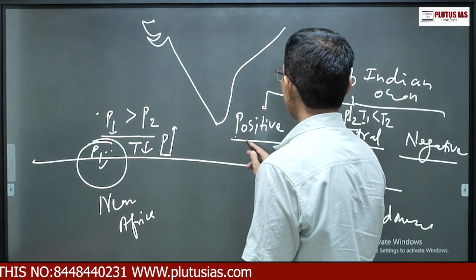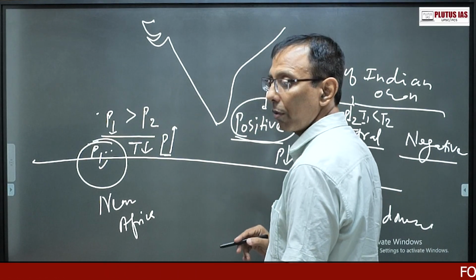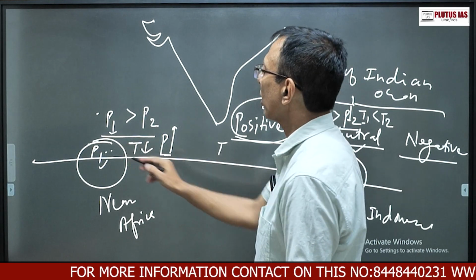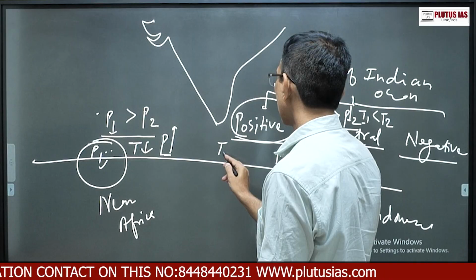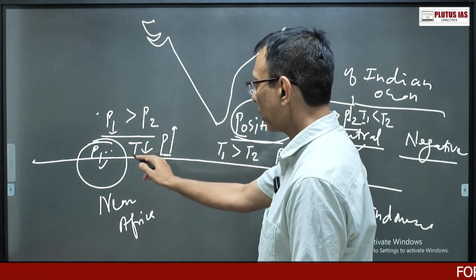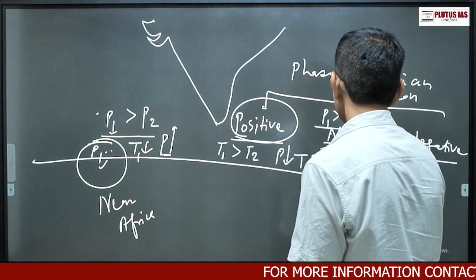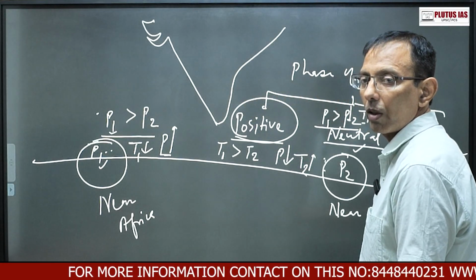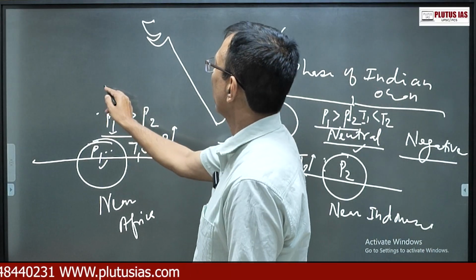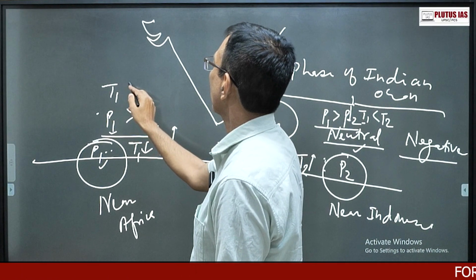And this is the phase of positive dipole, where temperature T1 is greater than T2. T1 is greater than T2. Earlier the situation was T1 is less than T2.